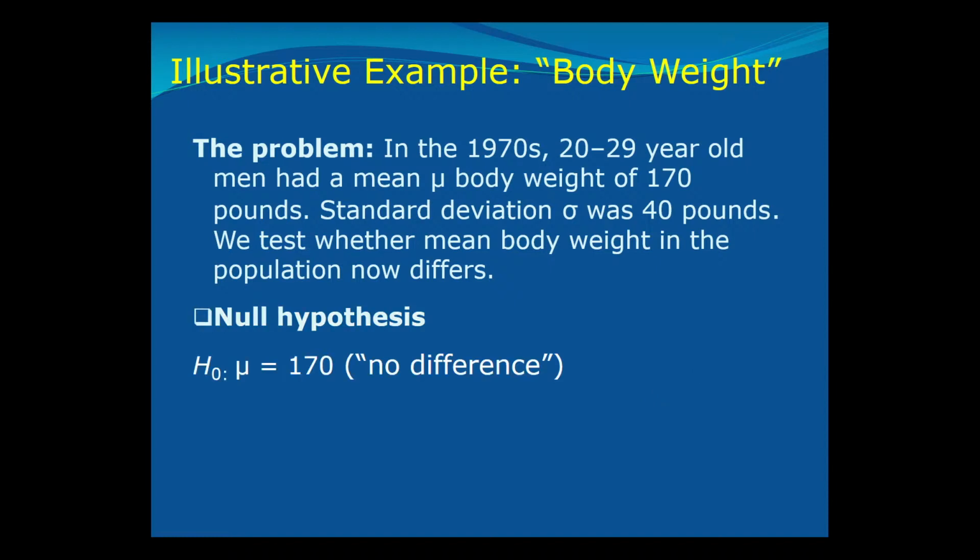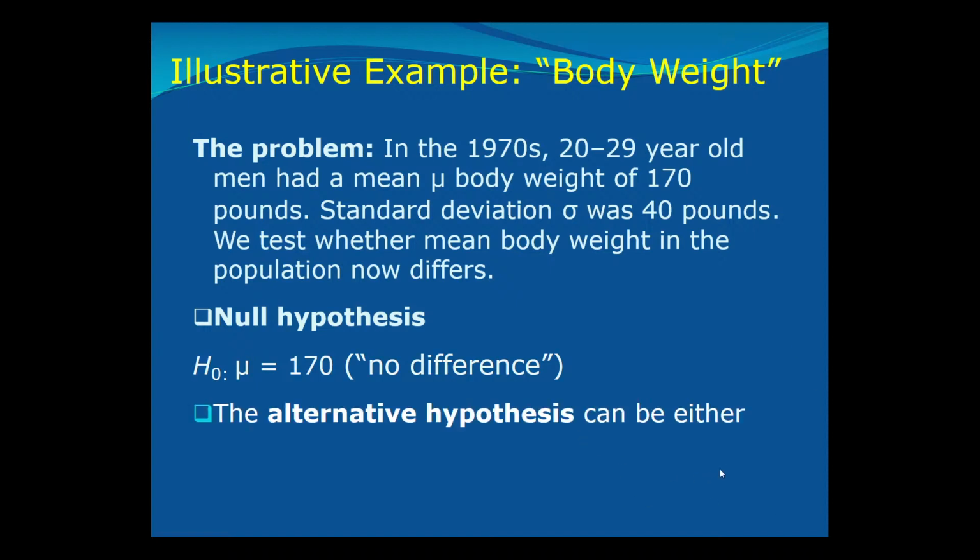The body weight equals 170 pounds. So there is no difference in the population in the 70s and nowadays.